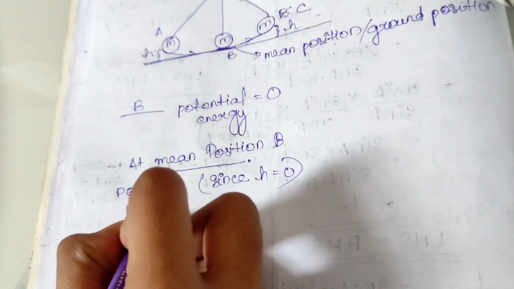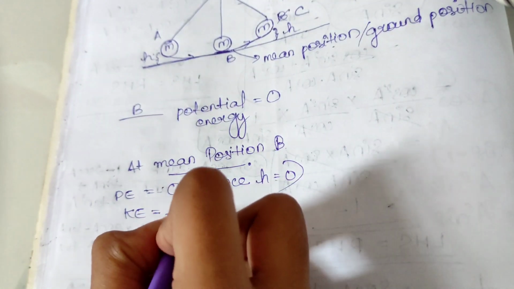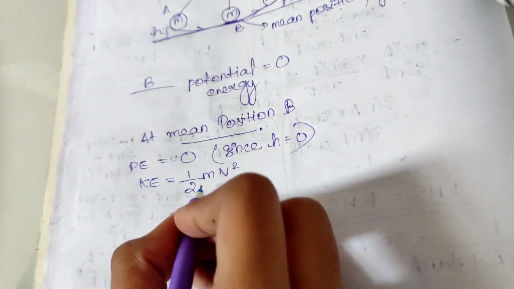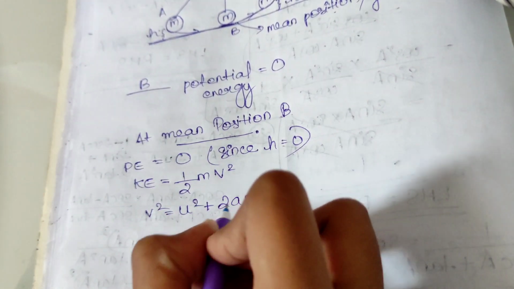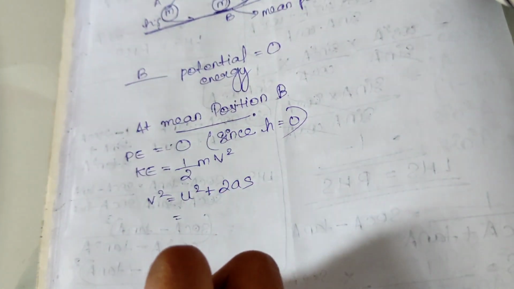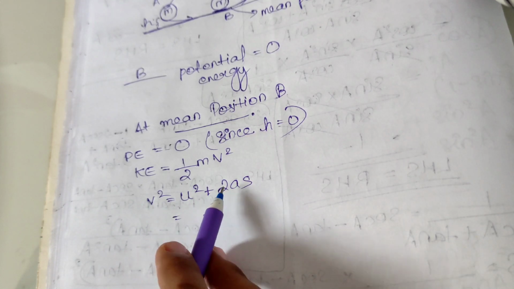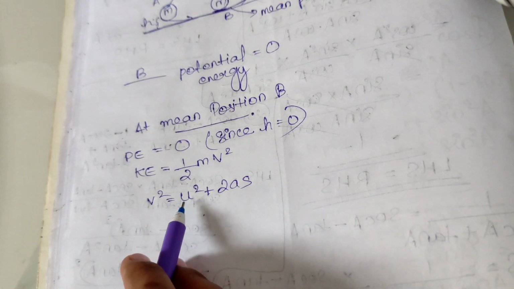And what is the kinetic energy here? Here the bob has a kinetic energy, that is half mv square. So let's see, we know that v square is equal to u square plus 2as. Here v is the final velocity, u is the initial velocity, a is the acceleration and s is the displacement. What is the initial velocity here?